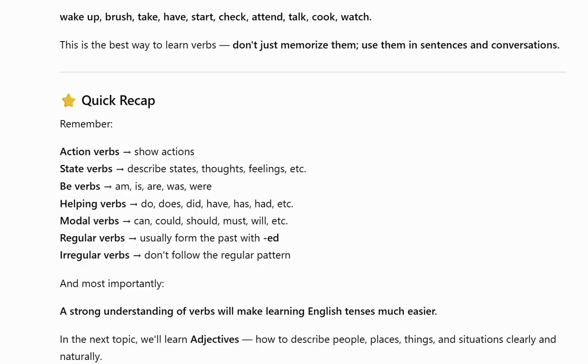Helping verbs: do, does, did, have, has, had, etc. Modal verbs: can, could, should, must, will, etc. Regular verbs usually form the past with ed. Irregular verbs don't follow the regular pattern. And most importantly, a strong understanding of verbs will make learning tenses much easier.